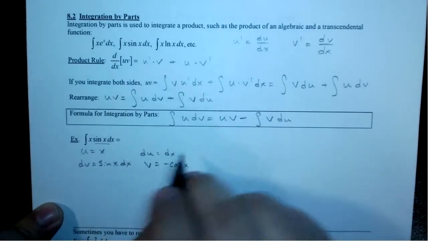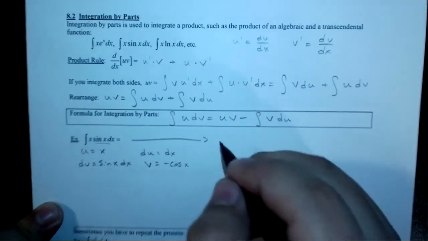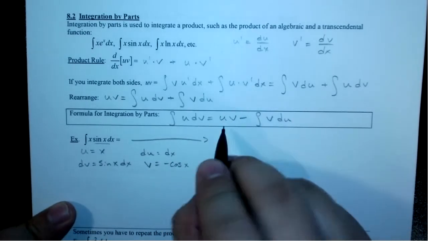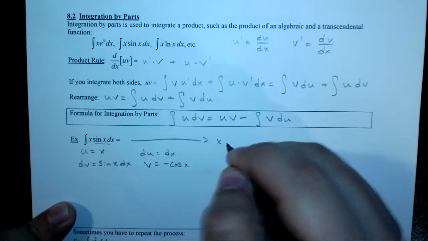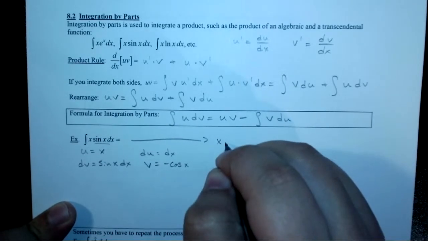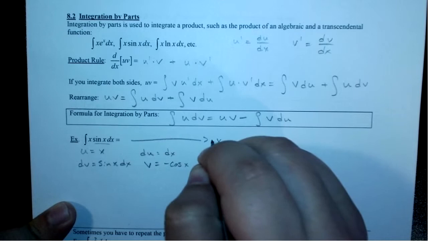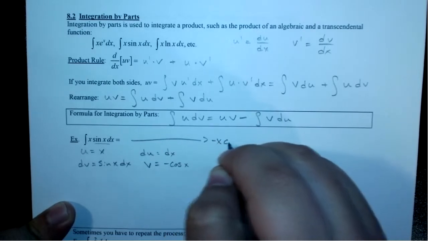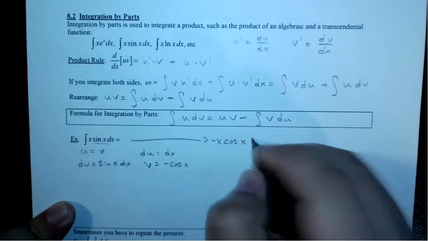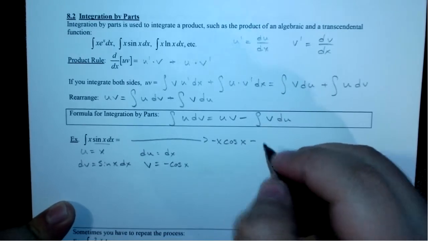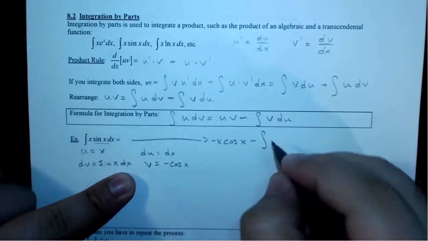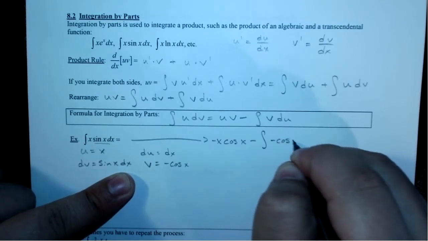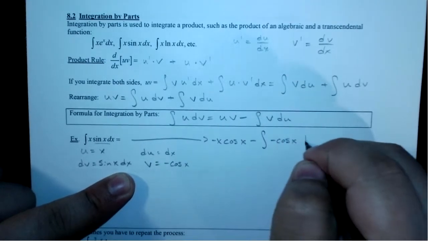Okay, and now we can plug it into our formula over here, and we can say u times v is x times negative cosine x. So I'm going to put the negative out here. So negative x cosine x minus the integral of v du, where v is negative cosine x and du is just dx.